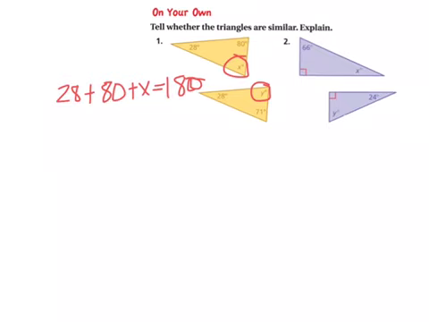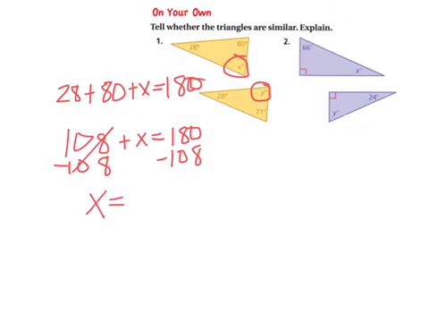Sorry, that came out to be a funky 0. So I'm going to simplify, and I'm going to add these 2. So 80 plus 28 is going to give you 108 plus x equals 180. Yep. So now to get x by itself, I'm going to subtract the 108.